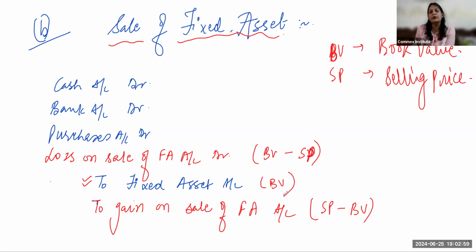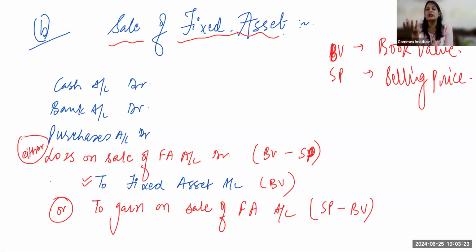Please write book value over here. The value which is there in our books, the depreciated value. And then either it will be a loss on sale, or it will be a gain on sale. Either of them will be there in the entry. Now gain will be credited, loss will be debited. That is also very clear.